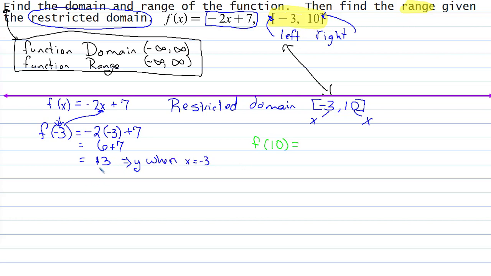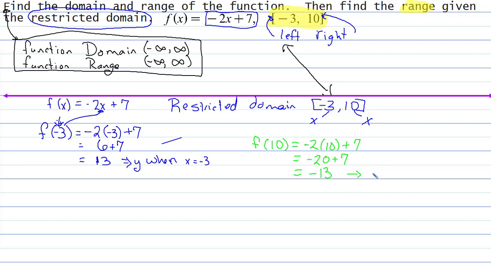So that's what this is saying. The y value is 13 when x is equal to -3. I want y'all to find f of 10. So you should have come up with -13.